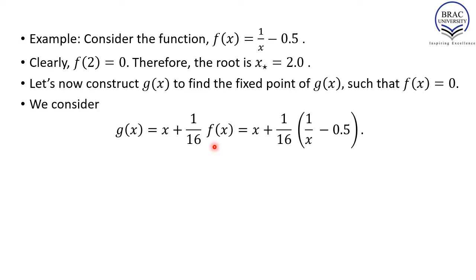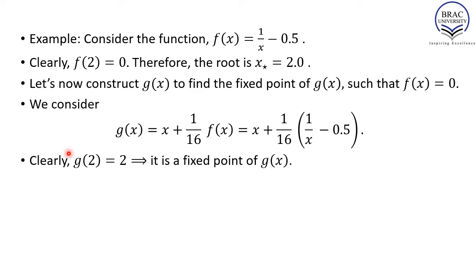We consider g of x equal to x plus 1 over 16 f of x. So if we put the f of x here, that is a simplified expression, and you can easily check that if you put x equal to 2, it is really equal to 2, which you can see by explicit computation. So 2 is the fixed point of g of x, or root of f of x.